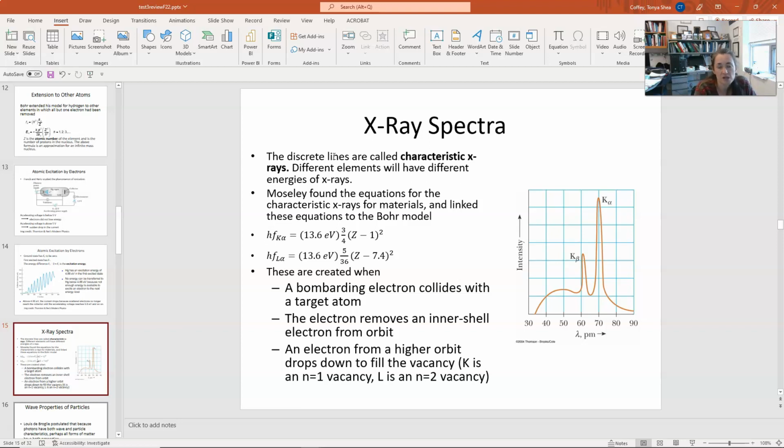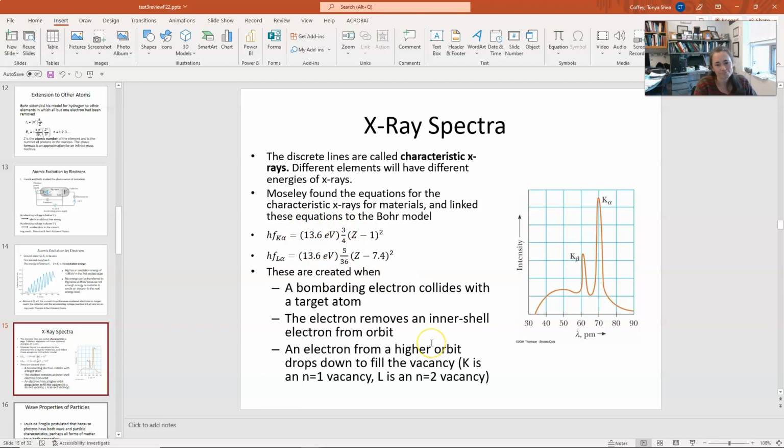So Moseley plotted what the energies of these characteristic X-rays were, and he linked those energies for those photons back to Bohr's model. And he came up with a couple of equations that he then published. One was that for what's called the K alpha characteristic X-ray frequency, h f K alpha is equal to 13.6 eV times 3/4 times (Z minus 1) squared, where Z is the atomic number, and 13.6 eV is, of course, that ground state hydrogen atom electron energy.